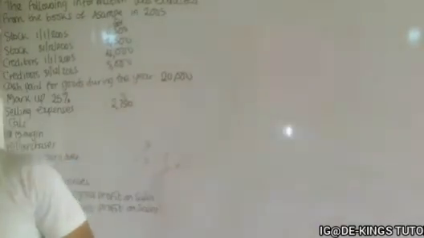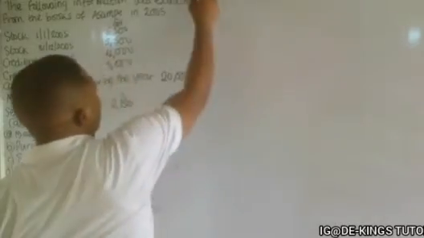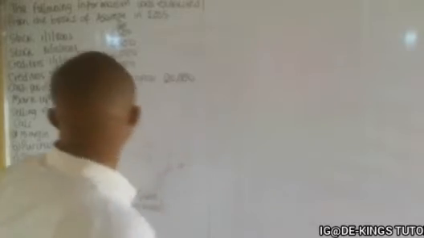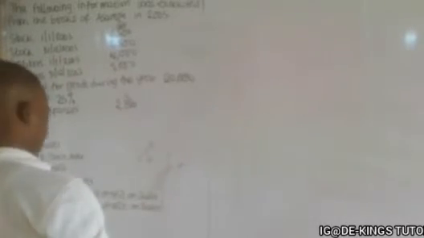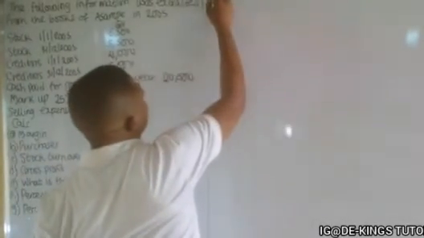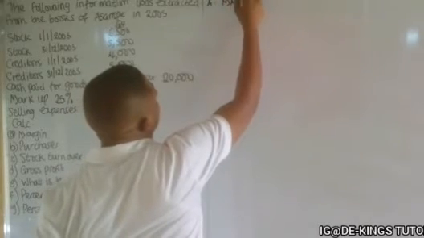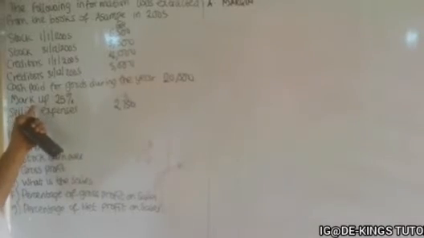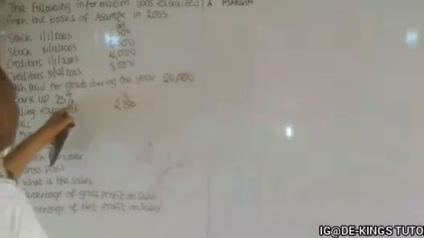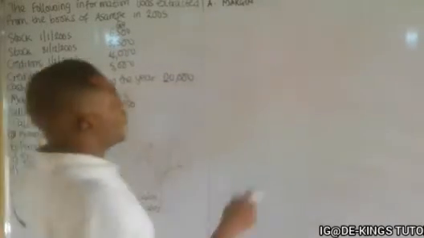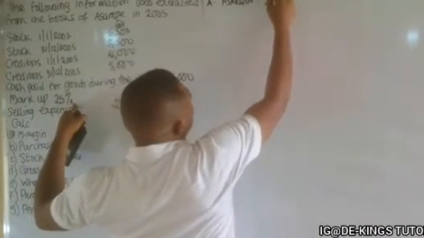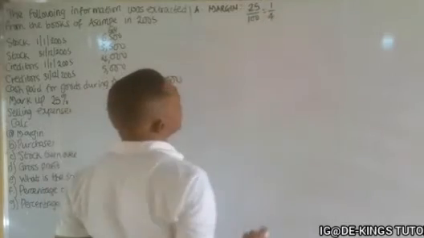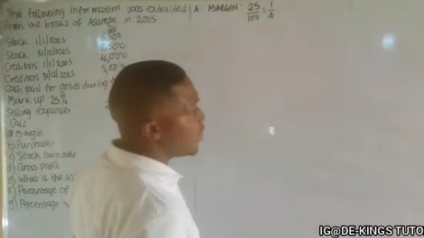So let's solve this now. The first one says margin. We have to calculate the margin. The markup is given here, so we have to convert. 25% is 1 over 4.